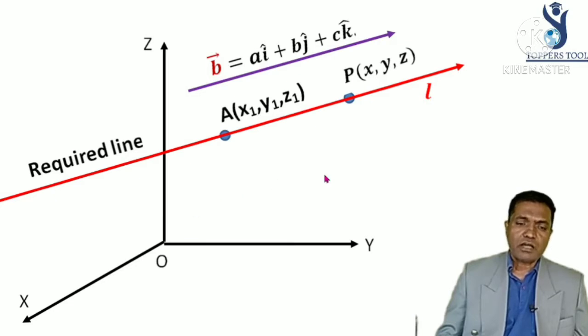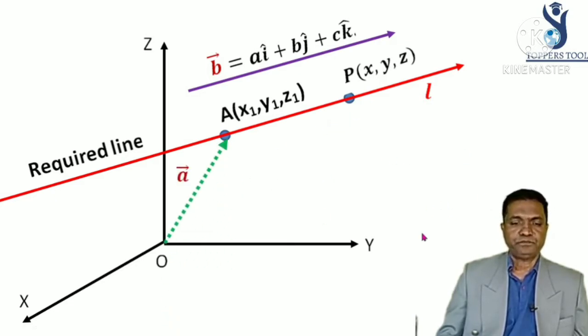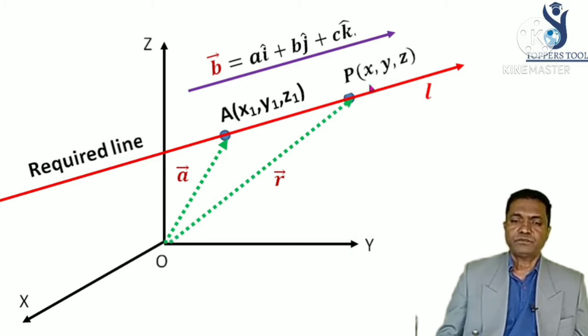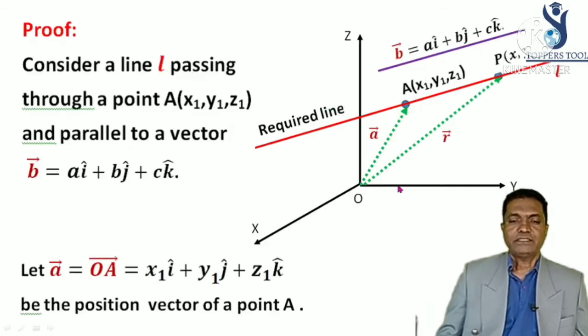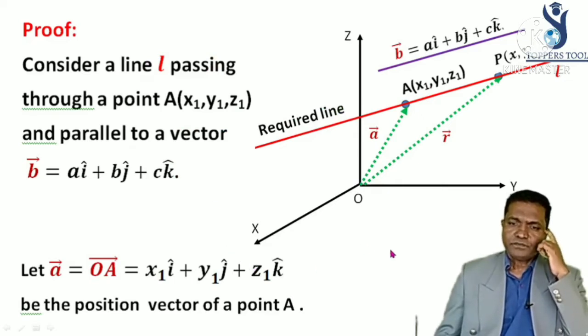Now draw position vectors for A and P. Let vector a be the position vector of the point A and vector r be the position vector of the point P. Now apply the triangle law. This is the explanation for this figure, so better you note it down by pausing the video.